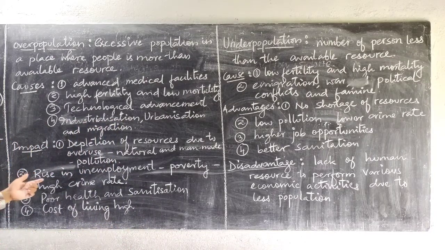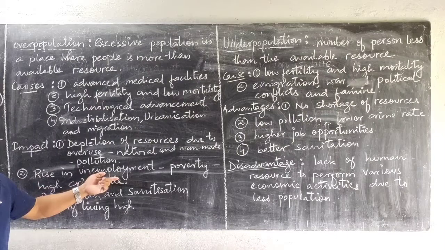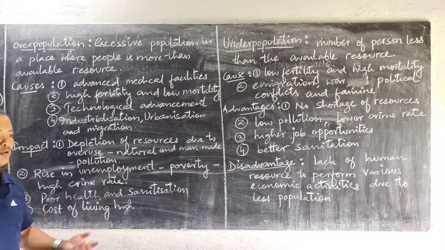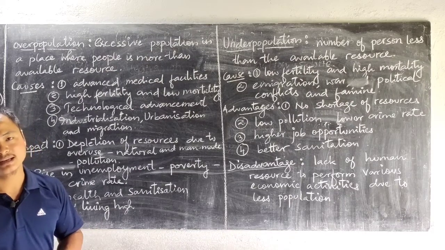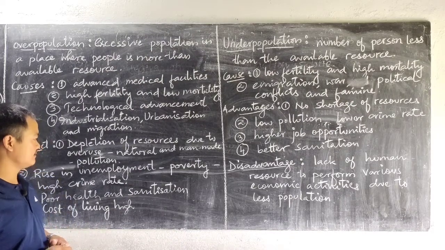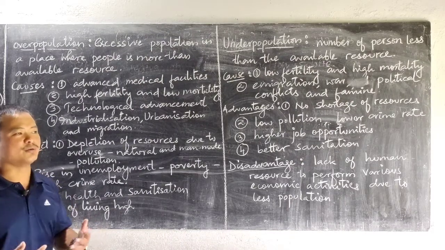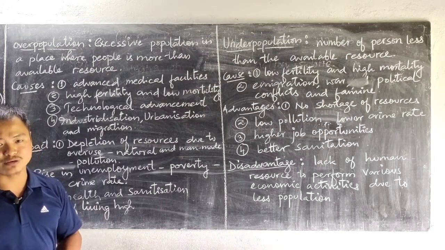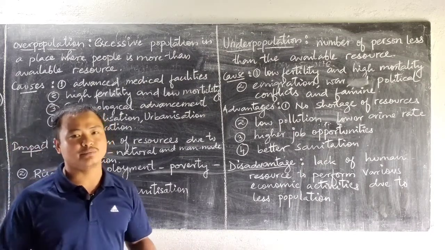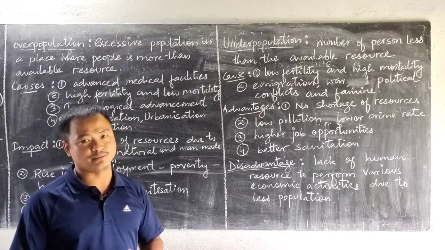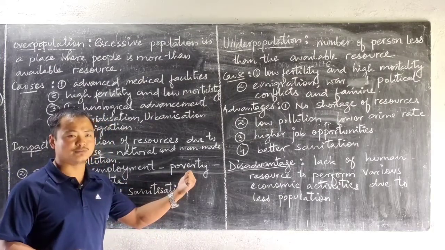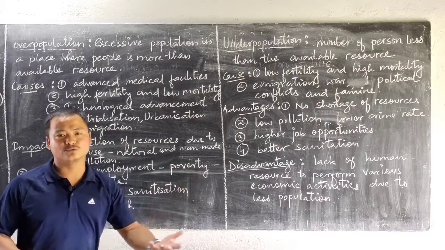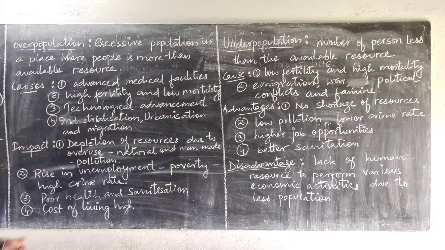Point number 2 is rise in unemployment. When we have a large number of people, obviously unemployment increases because not everyone can be satisfied with their job opportunities. And job opportunities cannot be created everywhere, because whatever was available is already occupied by the people living in that particular place. So unemployment ultimately leads to poverty, that means a very low standard of living.